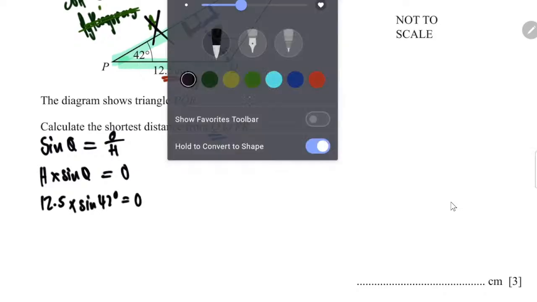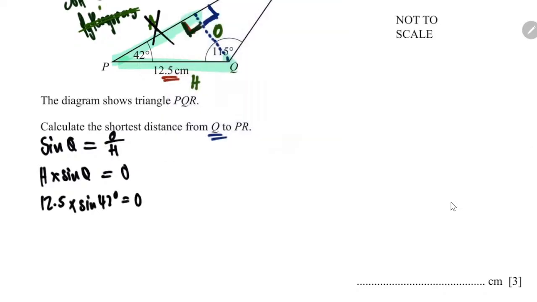What do you get? 12.5 times sine 42. What's the answer? May the answers come in the chat, please. Tell me, what is the answer here?